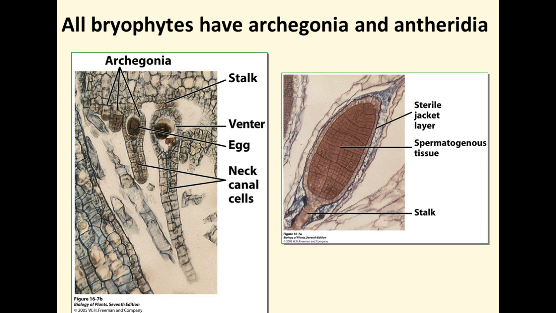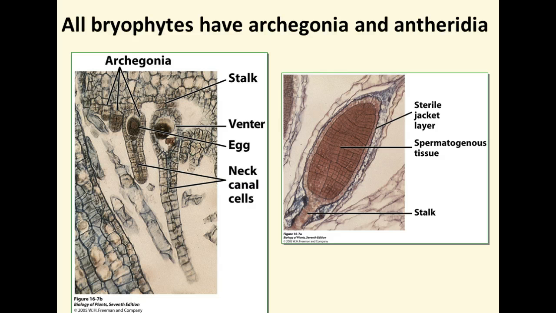All right, so let's look at the general structure of the archegonia and antheridia. So again, we're looking at the tips of those little leaf-like structures. Sometimes they're called phyllids. And inside of them, we have an archegonium. The archegonium is always going to look like a cup with a tail. Okay? And they have these different parts.